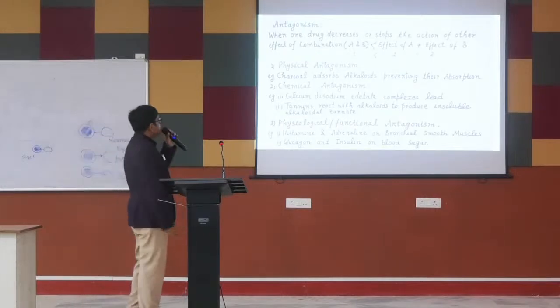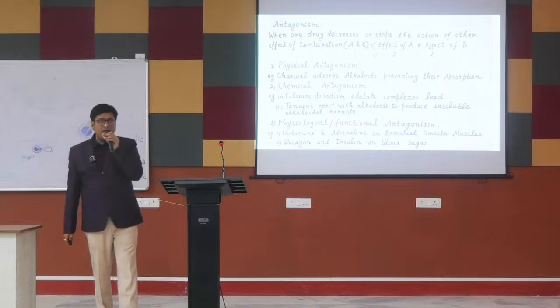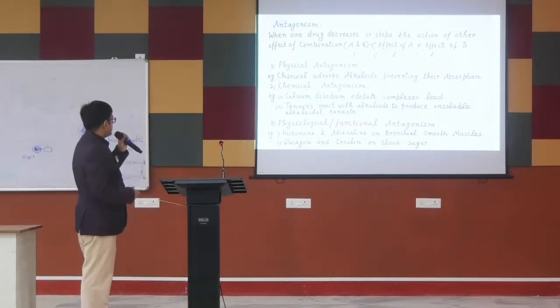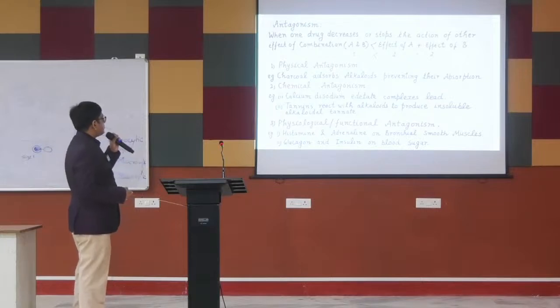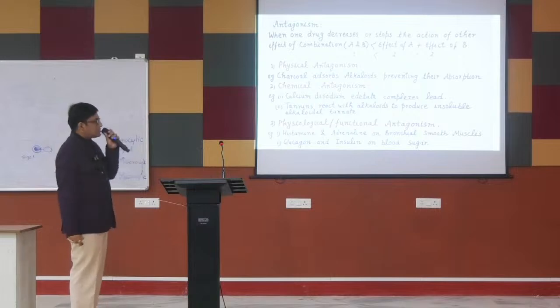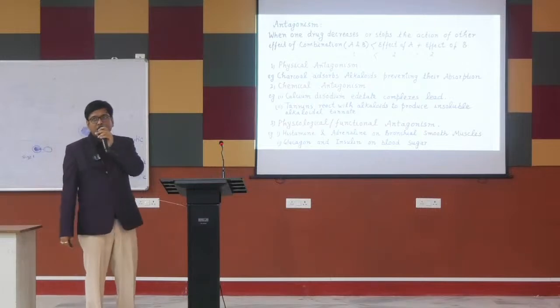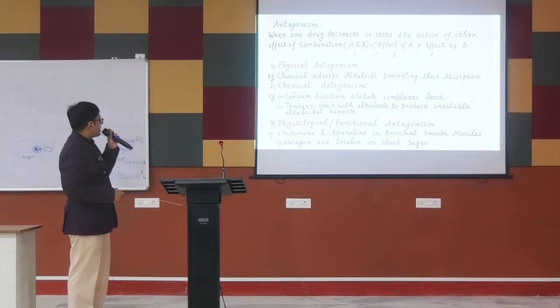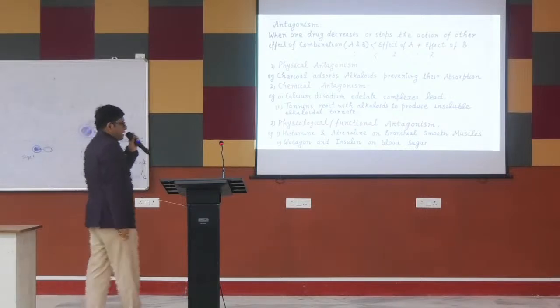Antagonism is simply one drug reducing the action of another drug. That is antagonism. Antagonism can be physical antagonism, like charcoal is used in alkaloid poisoning. Simply you give charcoal in the GI tract and it absorbs alkaloids. Or it can be chemical antagonism, or it can be physiological or functional antagonism.